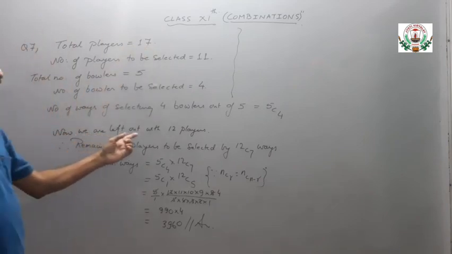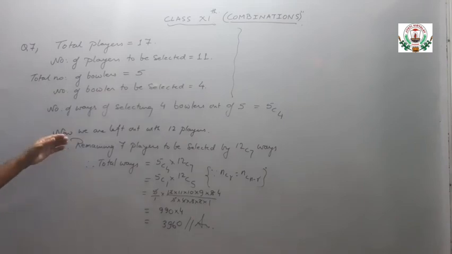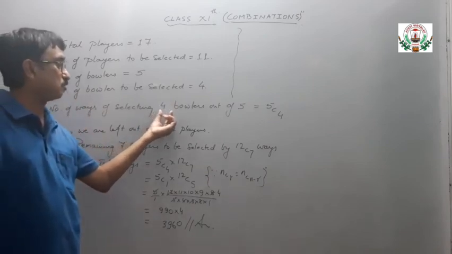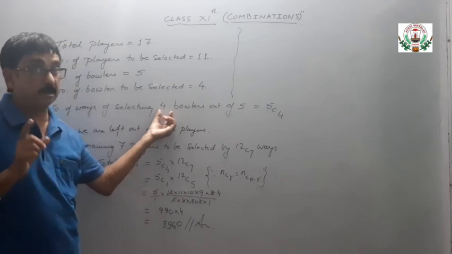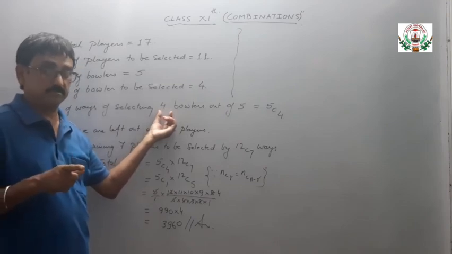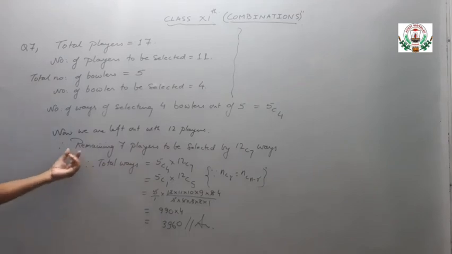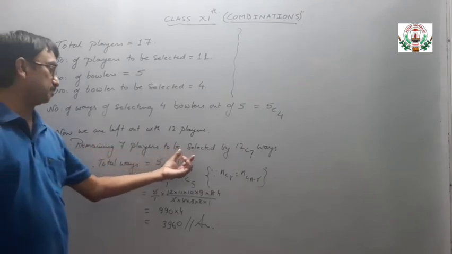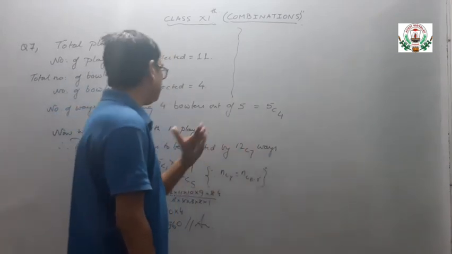Out of these 12 players, how many players do we now have to select? As we had already selected 4 bowlers in the team, and we have to make an 11-player team, we now have to select 7 more players. So the remaining 7 players to be selected out of these 12 players will be 12C7 ways.